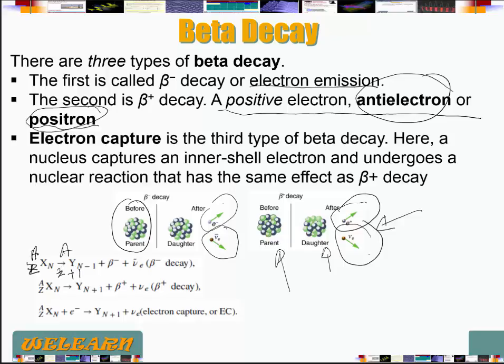Since we emit an electron to conserve the charge, the number of protons increases. So essentially a neutron is going to change into a proton and the electron and the neutrino. So that's what we get here. And then plus the beta minus, which is just an electron. An electron is just 0, and a minus 1.